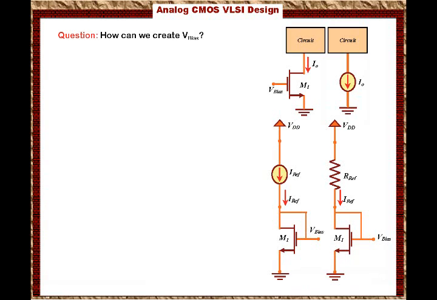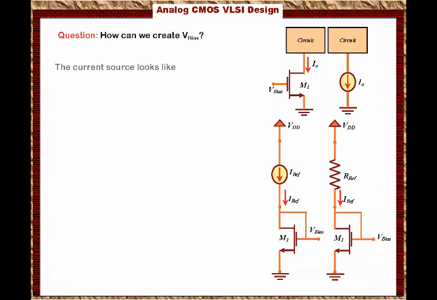And now if I control the value of the resistor, I will be able to control the current going through the transistor. Then I will be able to control V bias. Let's say it one more time. I would like to change the value of the resistor to change the current I reference such that I get the voltage I want, V bias.